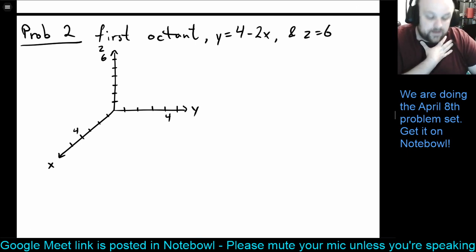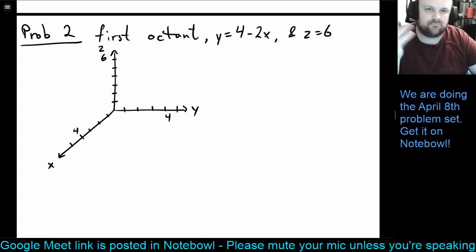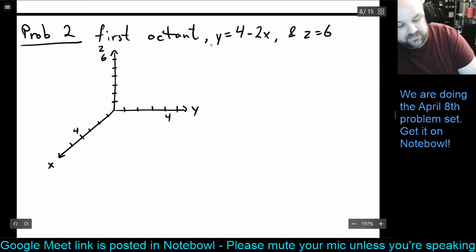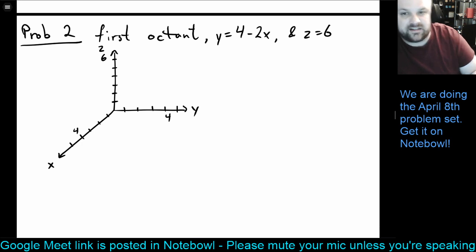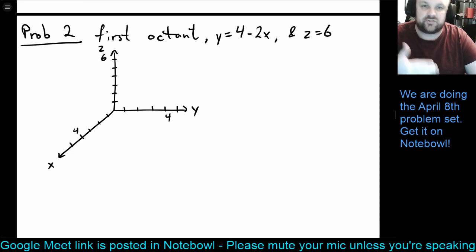All right. So to graph this thing, we talked about graphing sort of planes and cylinders and stuff like that way back in the semester. But just a reminder, to graph this plane y equals 4 minus 2x, since there's no z variable in that, what we're essentially going to do is draw this line in the xy plane and then just extend it parallel to the z-axis, because that's how it's going to trace out its shape.